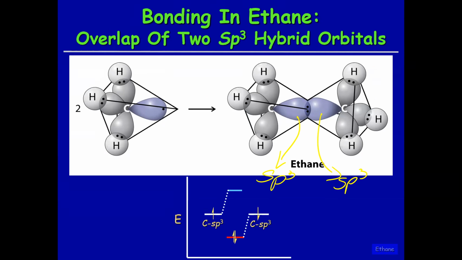So you can mix an unhybridized p orbital there. You can mix an s orbital. In some cases, you might mix a d orbital. You can mix whichever orbital your heart desires, as long as it's acceptable for the final product to share those electrons.